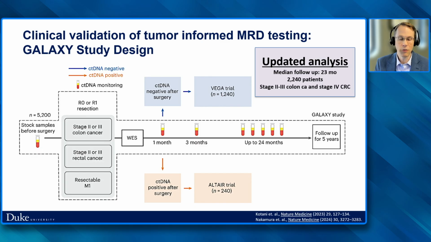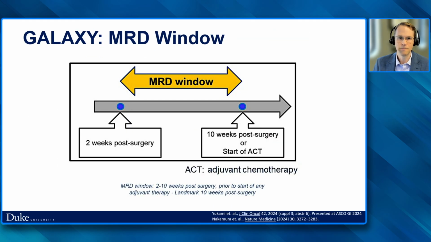Here they enrolled several thousand patients, now over 2,000 patients, stage 2, 3 colon cancer, and stage 4 colorectal cancer. They drew blood before surgery, then immediately after surgery, then 3 months later, and then every 3 months all the way up to 2 years, and just looked at how the test performed in the clinic. Once again, this was a tumor-informed test.